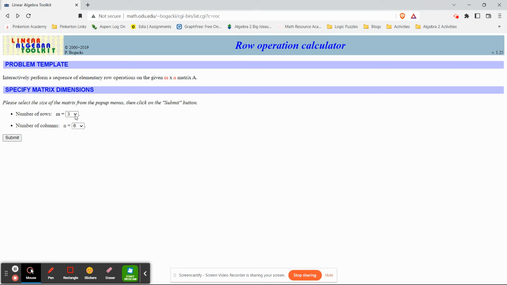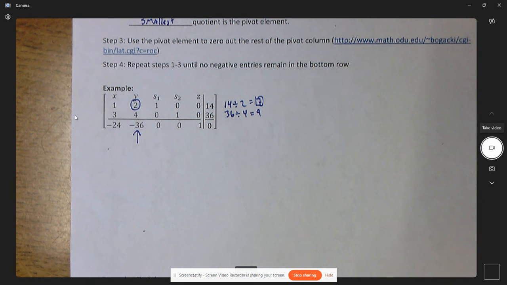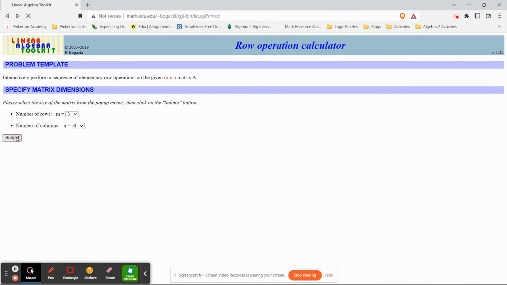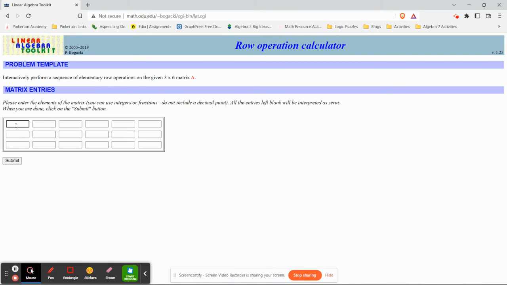Okay, so we're going to set up my new matrix. So I am now taking this matrix here, and I'm going to go enter that in. It's the same size as the one we just did, so I'm just going to click submit. And I'm going to go ahead and type all of those numbers in. So it's 1, 2, 1, 0, 0, 0, oops, sorry, only 2 zeros and then a 14. There we go. Sorry.